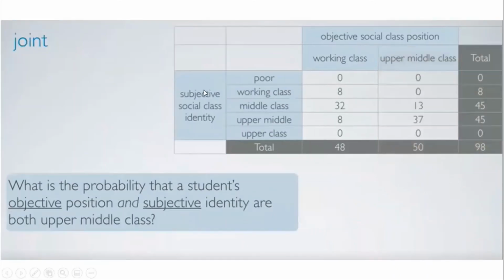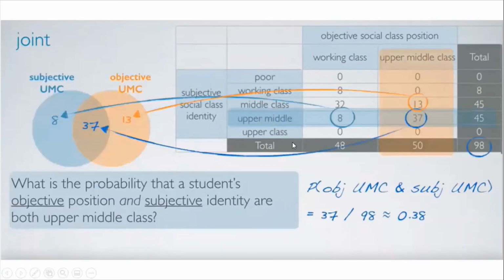Next we look at the joint value. We have the subjective and objective measurements. This is the subjective measurement, the blue one, and the brown one is the objective measurement. Then the 37: look at this. We got upper middle class in both categories.